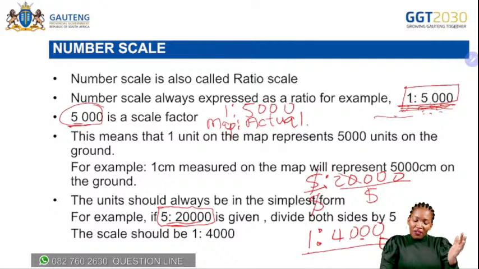It doesn't matter, even if this one was bigger, the fact that it is the first one means it will always represent the map distance, or the distance on the picture, or on the paper. Whereas the second one will always represent the actual distance. And it's not always going to be bigger. Sometimes it will be smaller to show that an object has been enlarged. But this one will always represent the actual distance.